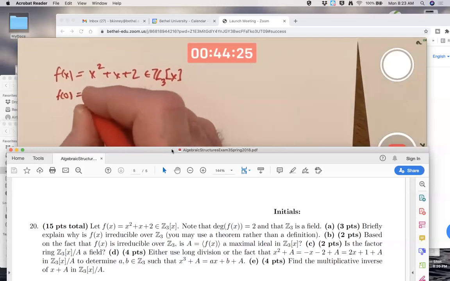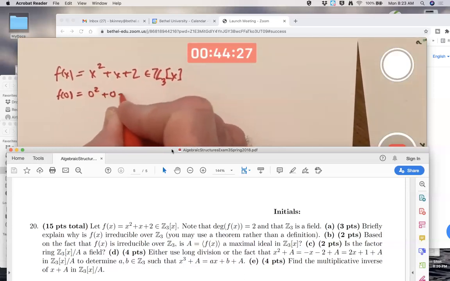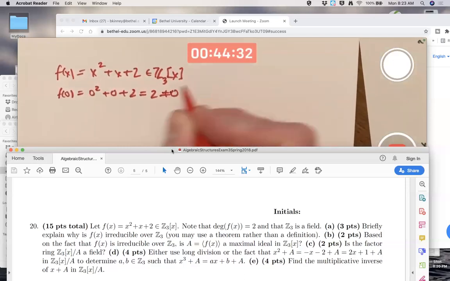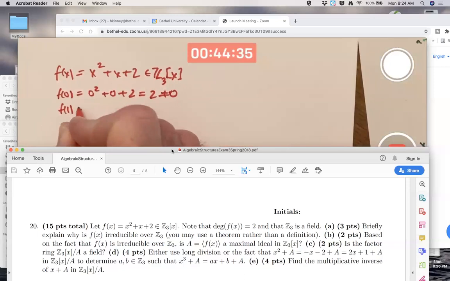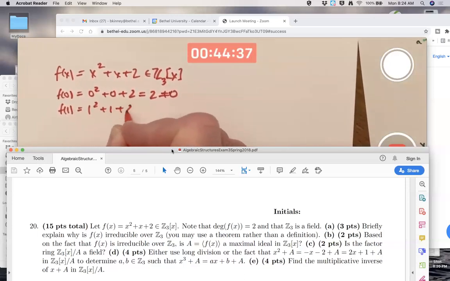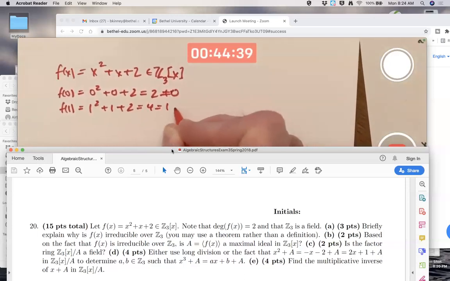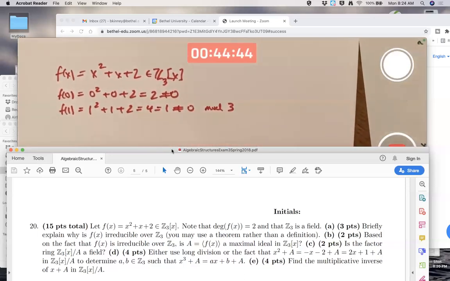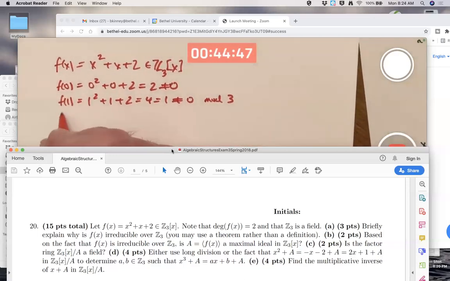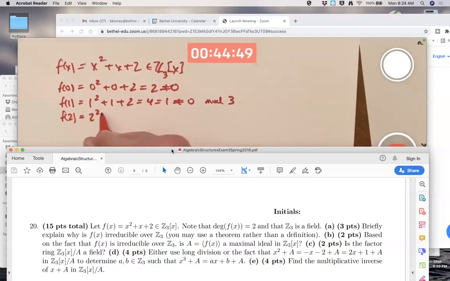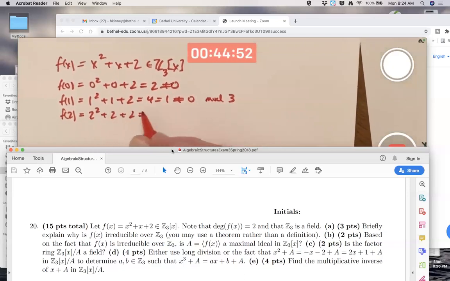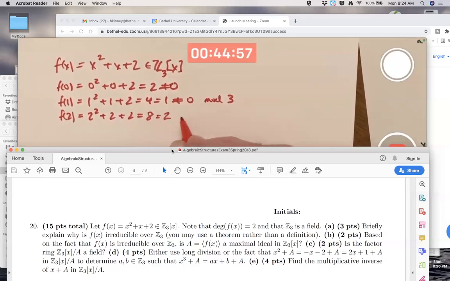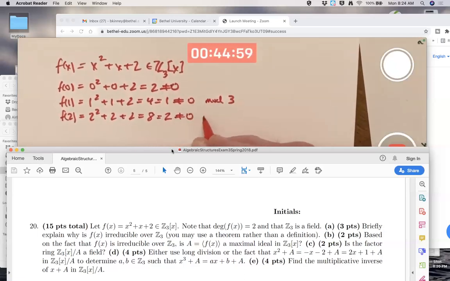Do calculations. f(0) is 2, not equal to 0. f(1) is 1, not equal to 0. Again, mod 3. And f(2), that's 8 there, then mod by 3, we get 2, not equal to 0.